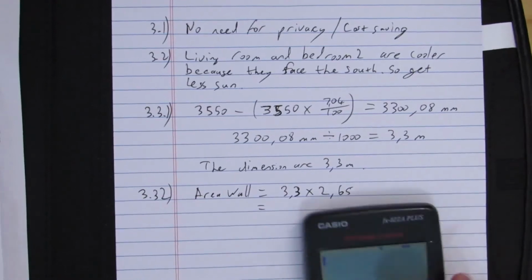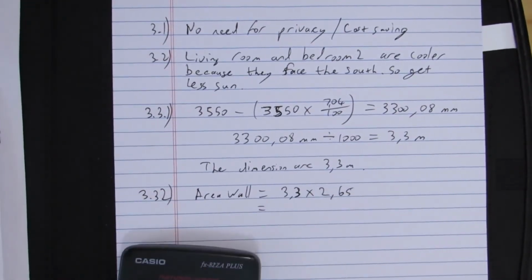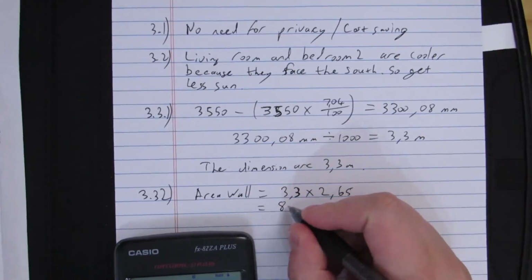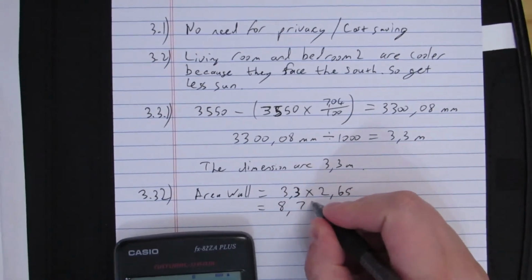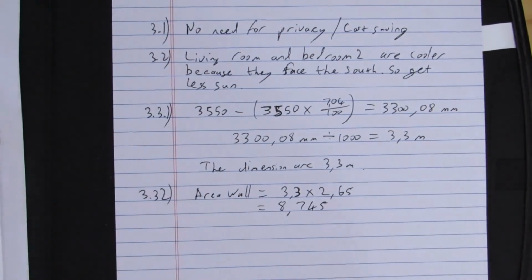So the area of a single wall is 3.3 times 2.65. So we are looking at 8,745. Don't round off until we get to the final answer here, guys.